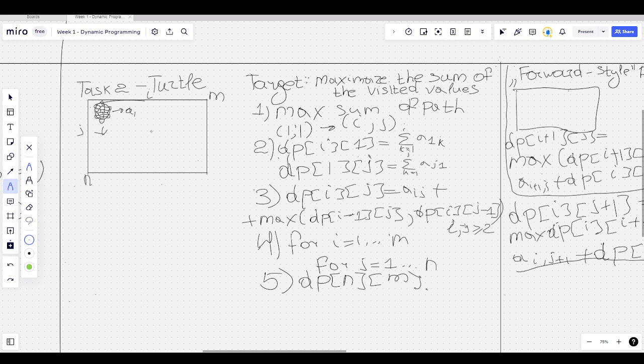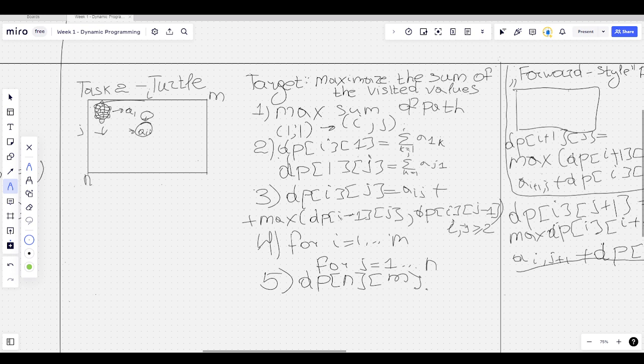Suppose that the turtle is located in this position, here it takes dp[i][j], and it came from here or here.